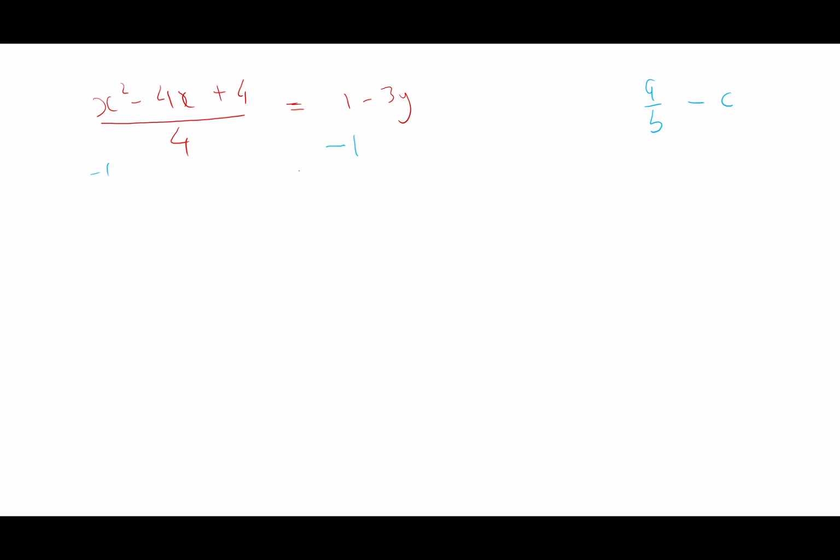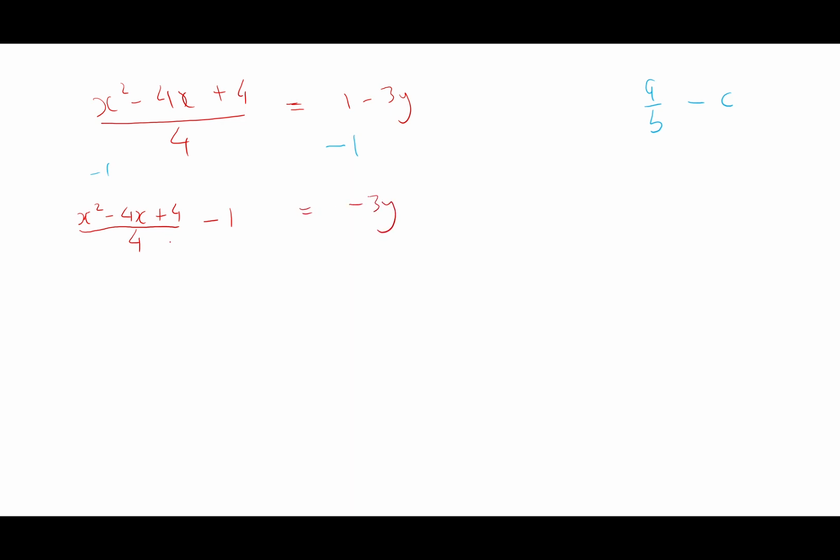So how do we combine minus 1 and 4? Well, let's just write it out first. So when I write it out side by side, I've got x squared minus 4x plus 4 over 4 minus 1. And that will be equal to minus 3y.